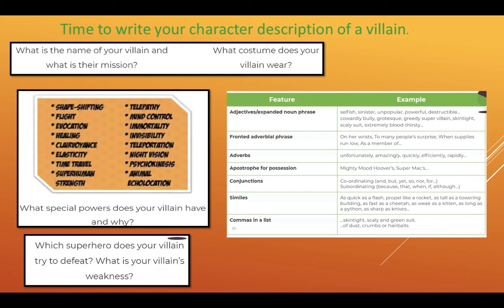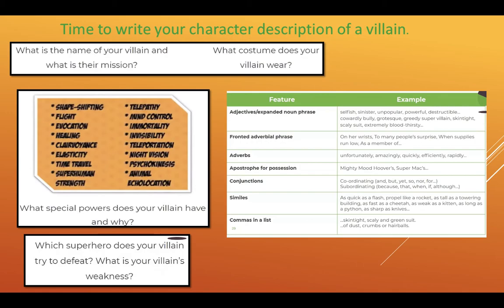So you've got apostrophes for possession. You should know those. You've had 2 sessions this week on bite size related to apostrophes for possession. Conjunctions. If you're thinking of coordinating conjunctions, you can use the words and, but, yet, so, nor, and for. For subordinating, you can use because, that, when, if, although.